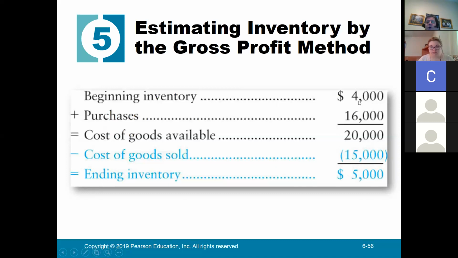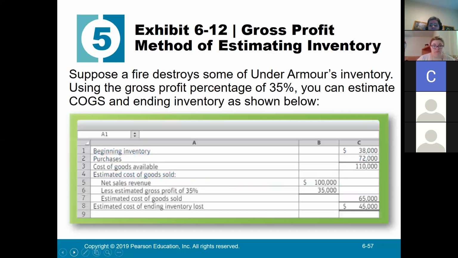You may know this, you may know that, but maybe you haven't counted your inventory for a while. They're going, okay, how much inventory did you have when the fire broke out? Well, you could put this together, figure out your cost available, and instead of subtracting ending inventory, you'd subtract the cost of goods sold and get the ending inventory. So again, not something you use all the time, but certainly as a backup plan in the event of emergency.